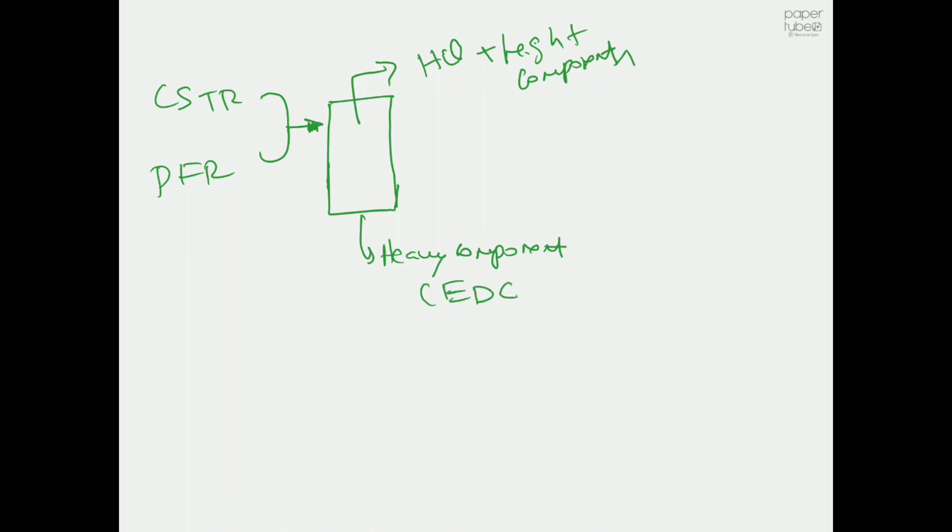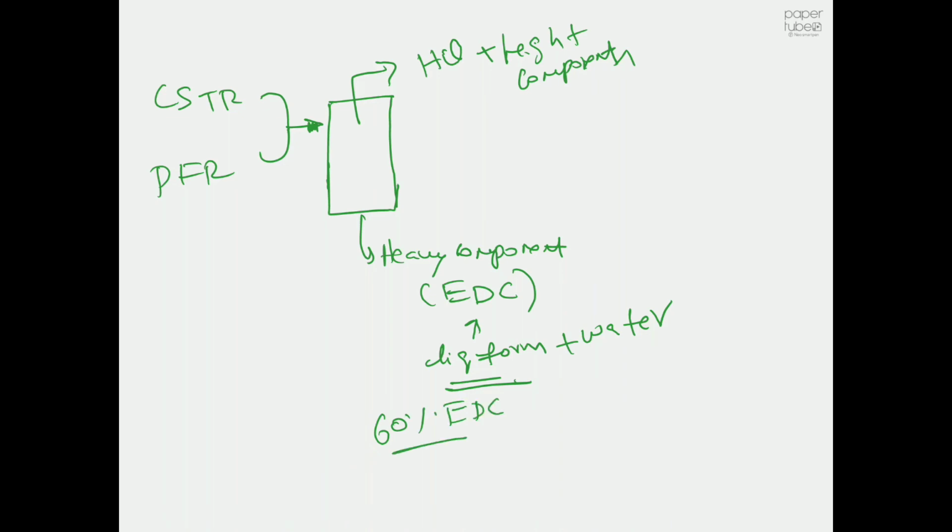This will be in liquid form plus water. This should give roughly around 60% pure ethylene dichloride.